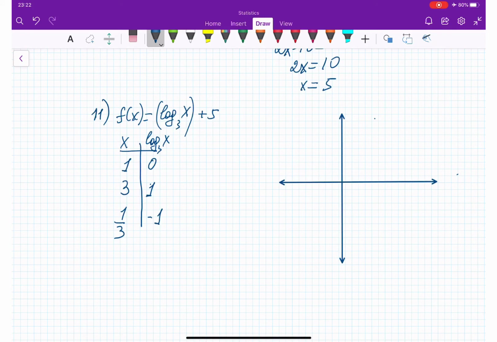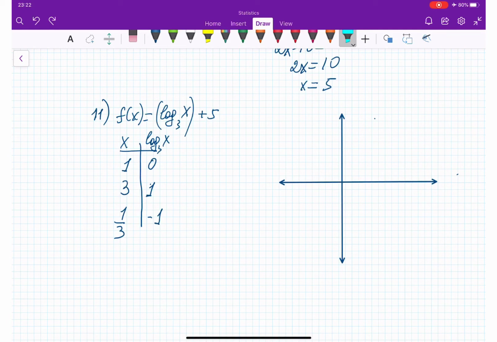Next point, you can take this 3 point. You can take the one that you have as a base. And lastly, third point, you can take the flip value. If it was 3, then 1/3. If this base is 8, then you take 8 and 1/8. Okay? So that's how you're gonna figure out the points, the easiest way.